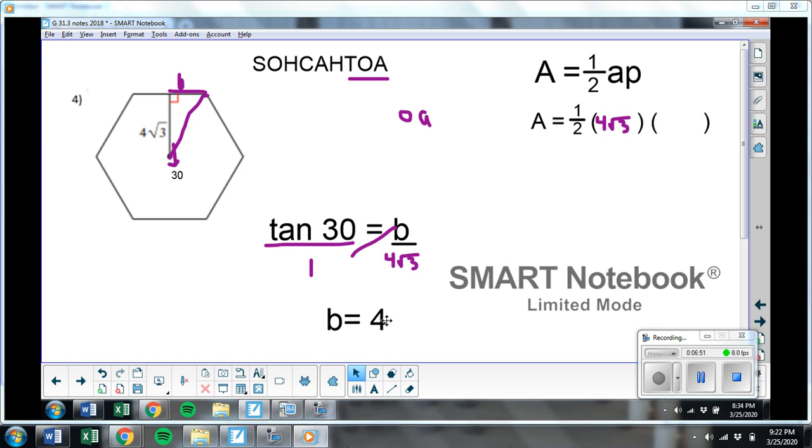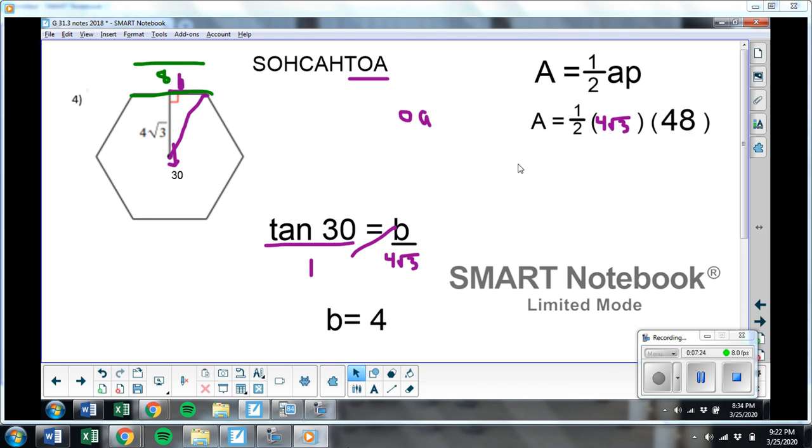If you get exactly 4, that's not the perimeter. That's just B, which is labeled in your picture right here. So if that's 4, then this whole thing, or this side here, I should say, is double 4, so 8. And each side is 8, so 8 and 8 and 8 and 8 all the way around. 6 times 8 is the perimeter, 48.